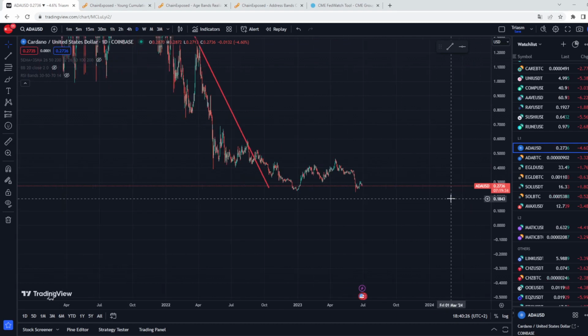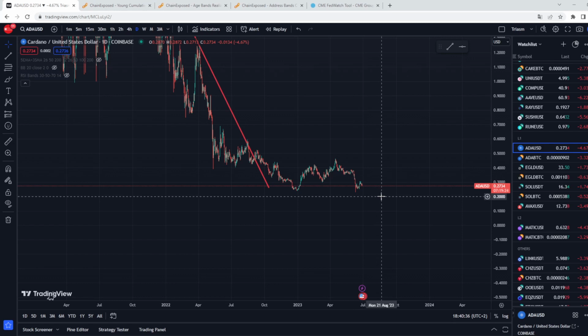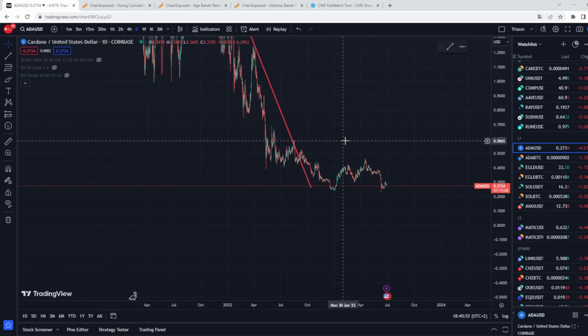I know there are a lot of people that have ADA in their portfolio, but I don't like it from a tokenomics perspective, and because the Cardano Foundation is sustaining its operations by selling ADA, so we have a huge sell pressure coming from them. They have a lot of coins in their treasuries, so I don't like something like that, and so I didn't enter it.